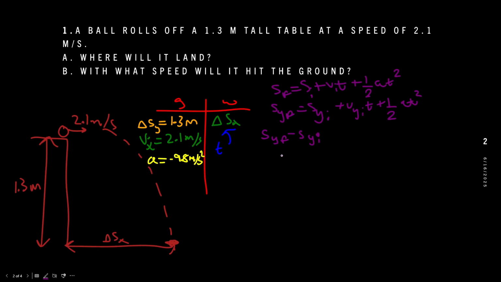So we could say that 0 equals 1.3 plus we know that the initial speed in the y direction is 0 because the initial speed is just horizontal, so 0 times time plus 1 over 2 times a, which is negative 9.8, times t squared.